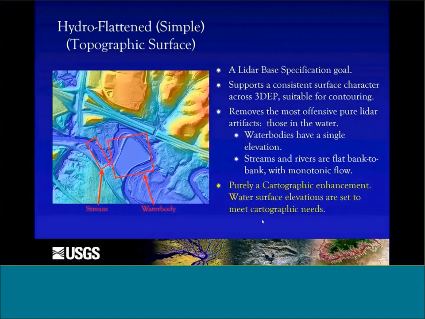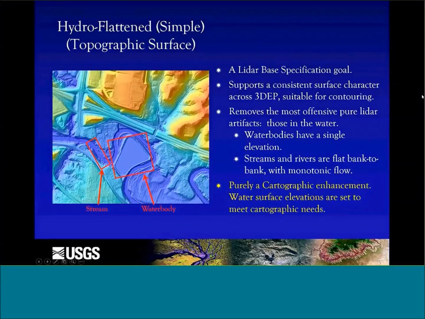Being faced with that in the NED several years ago, we elected to start flattening the water bodies by, in most cases, developing break lines around the water bodies in the wider rivers, and using those to ensure that if they're a pond or a lake, they stay flat, one continuous elevation, and if they are a wide stream, it continues flat bank to bank, but with a gradient that follows the terrain going down.